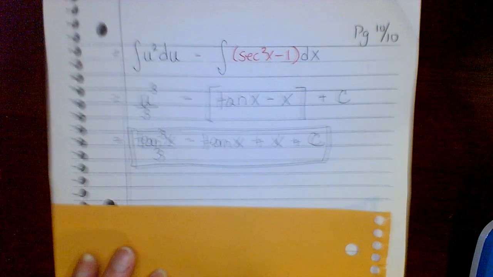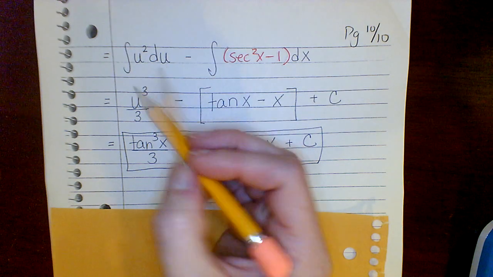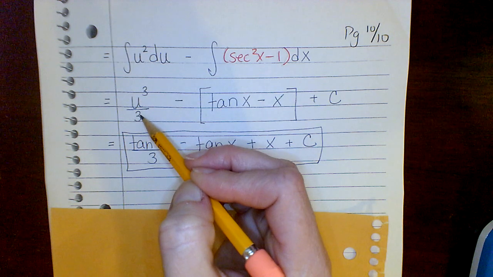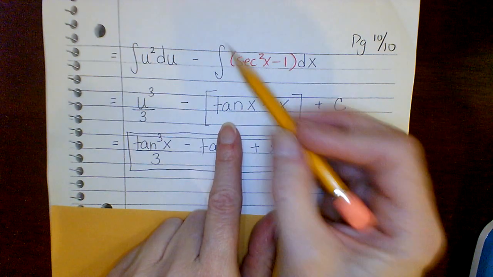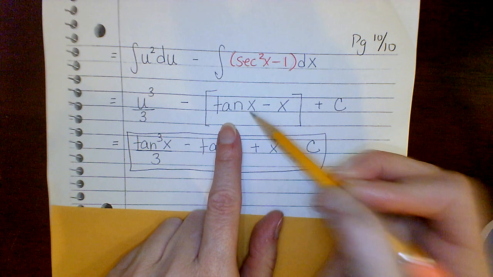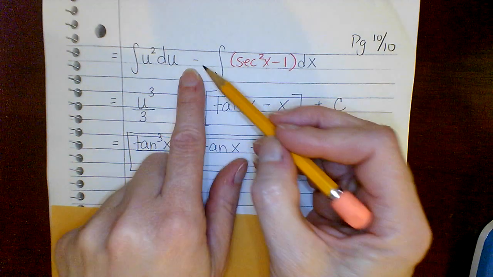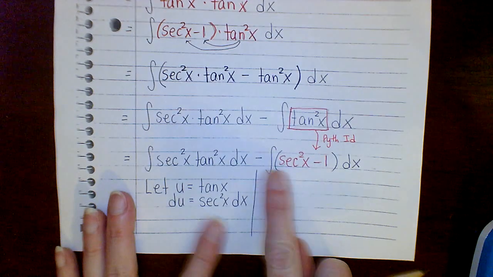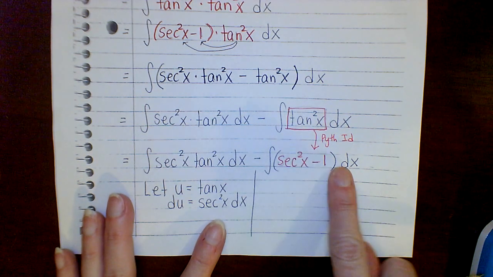So that's going to be that u squared du from that u substitution. So power rule, u cubed over 3, substituting back in for tangent. This one, the integral of secant squared, we said was just tangent. The integral of 1 is just x. Now look, this subtraction right here was for this entire integral. It was for that tangent squared, so it's for this entire thing.